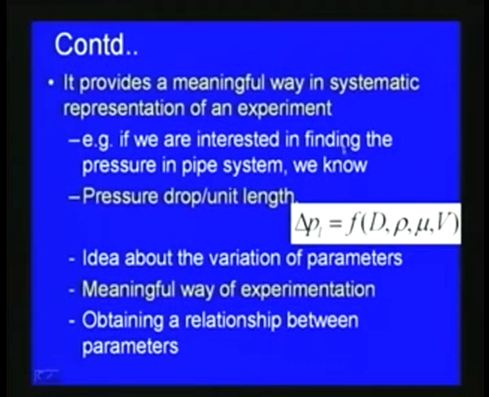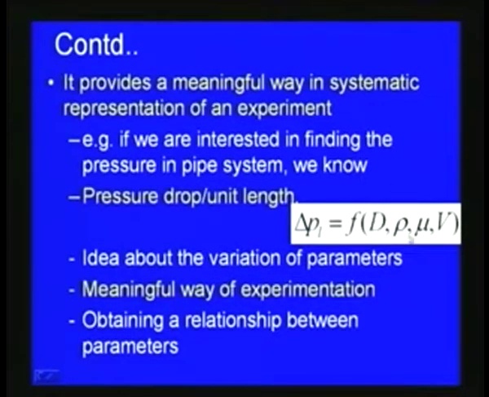For example, if we are interested in finding the pressure drop in a pipe system, the pressure drop per unit length, delta P by L, for a particular pipe, the important parameters are the diameter, the density of the fluid, the coefficient of viscosity mu, and the average velocity V. Here delta P by L is the pressure drop per unit length.